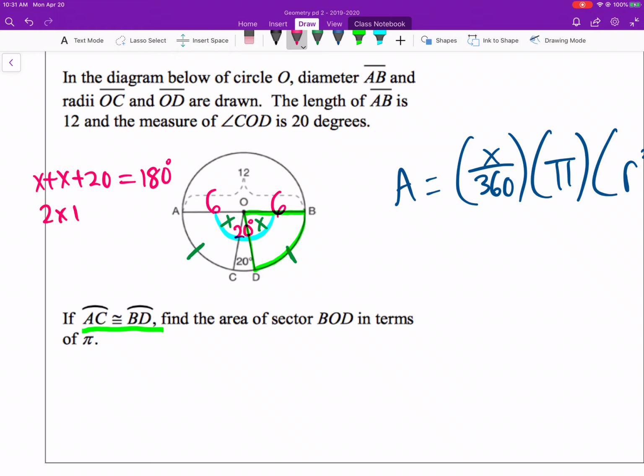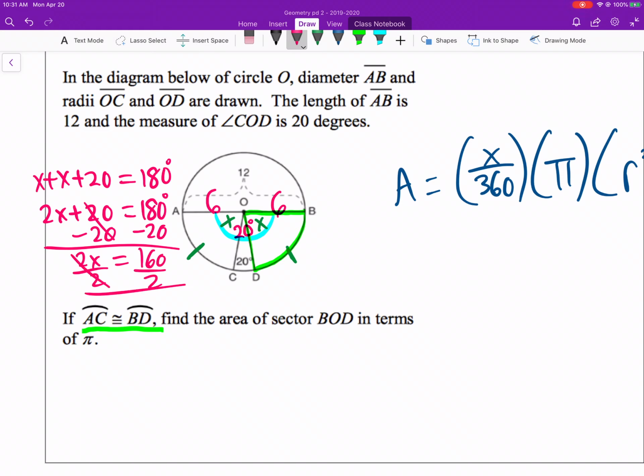You get 2x plus 20 equals 180. X and x, that's 2x. Subtract 20 on both sides. We get 2x is equal to 160. Divide by 2, and you get x is equal to 160 divided by 2, which is 80 degrees.